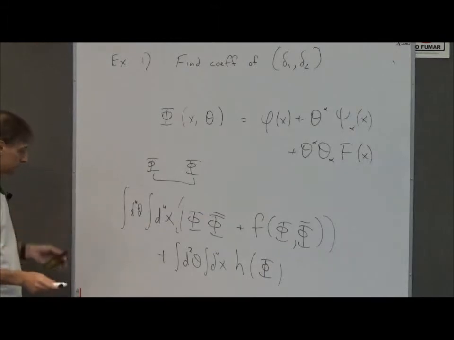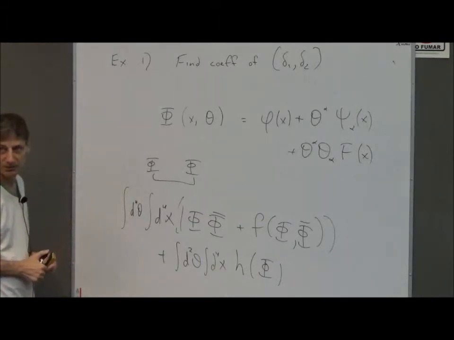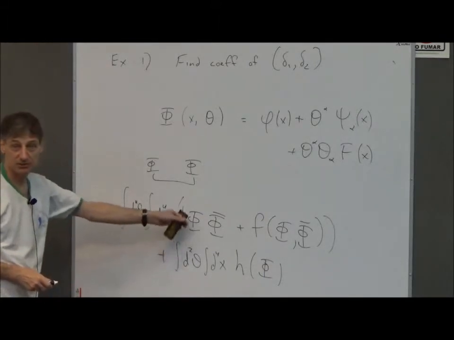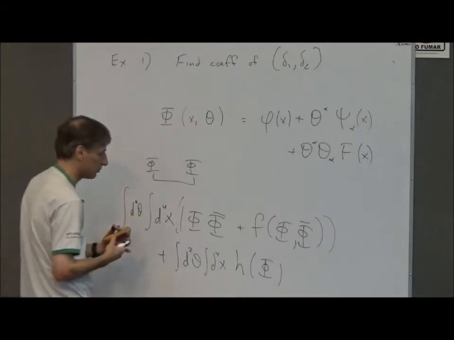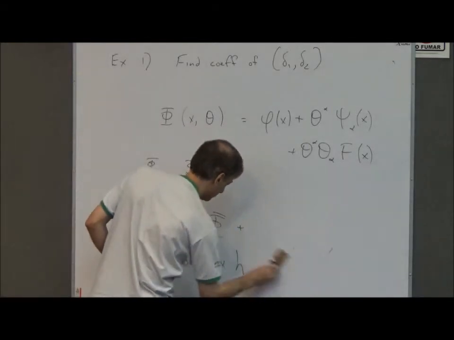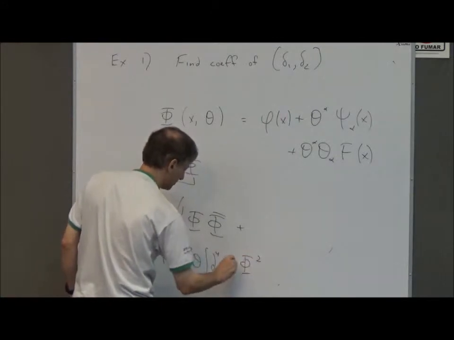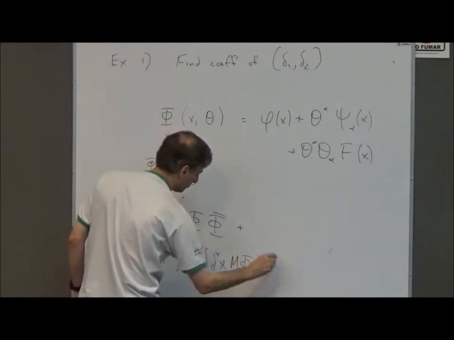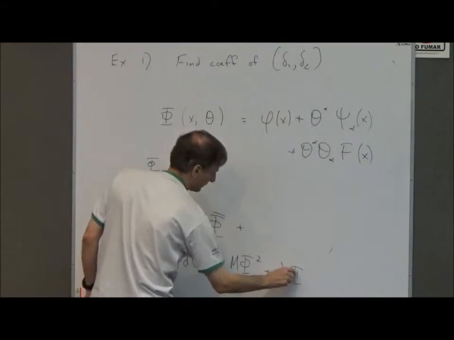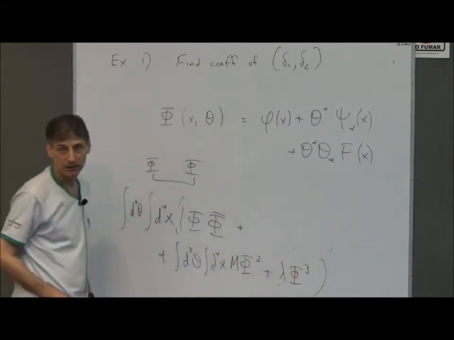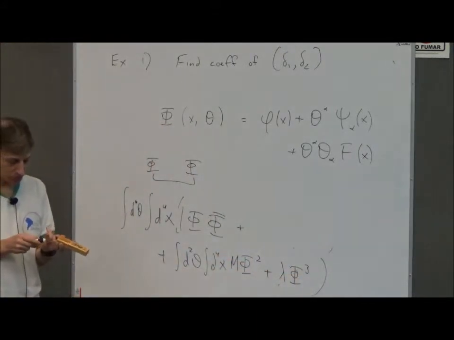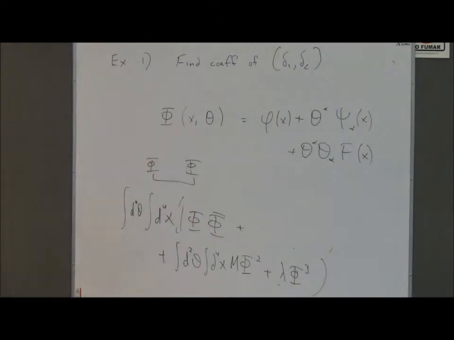There are thousands of papers on how to use these to construct actions. But for example, if you just put in a term of the type phi squared, that is just the mass term. And you can put in a term phi cubed, and that generates a quartic coupling. And the coupling involves not just bosons with bosons, but cubic couplings of bosons with fermions.